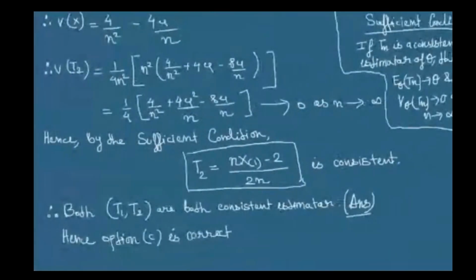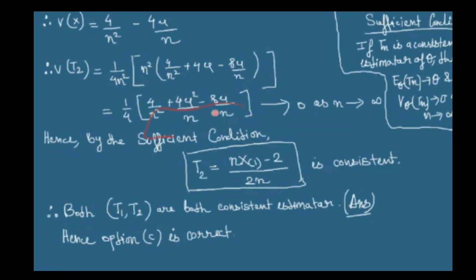Therefore, if we calculate the variance of X(1), which is equal to expectation of X(1) square minus square of the expectation, it gives 4/n². Therefore, the variance of T2 turns out to be 1/4 times (4/n² + 4μ²/n - 8μ/n).